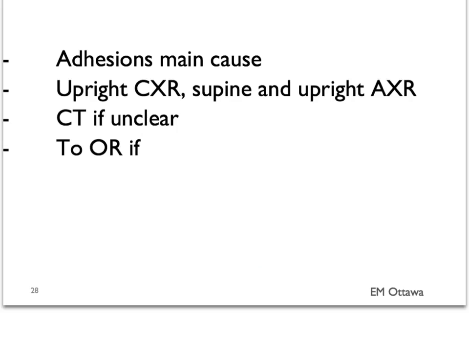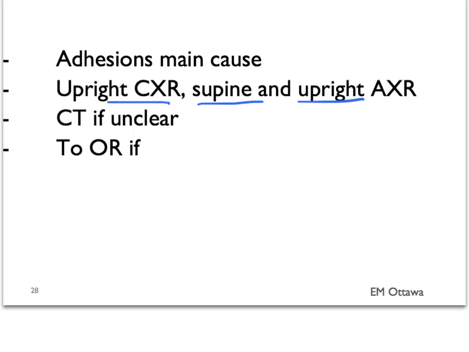In summary, we discussed small bowel obstructions. Here are the key points. One, adhesions are the main cause of small bowel obstruction. Do not forget that hernia is also a cause as well. If we suspect a small bowel obstruction, we should obtain an upright chest X-ray, an upright and supine abdominal X-ray, and look for free air under the diaphragm on the upright chest X-ray, dilated bowel loops on the supine abdominal X-ray, and air fluid levels on the upright abdominal X-ray.